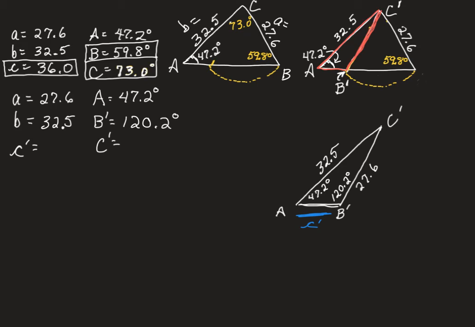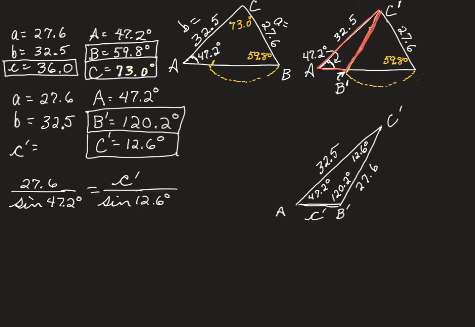All right, that means C prime is 180 minus 47.2 minus 120.2, so 12.6 degrees. And let's go ahead and box the two formerly missing parts that we have now found. Now we only have to find C prime.